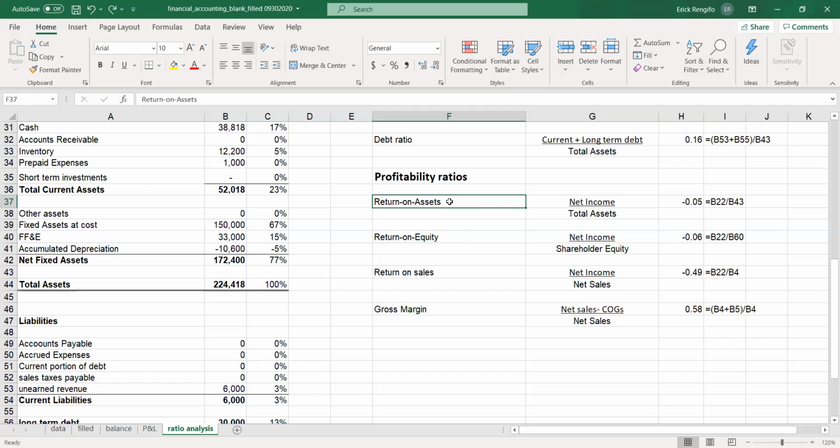No, wait a second. This one is this one, and this one here is this one here. Return on equity, ROE, is it the same as ROI, return on investment?